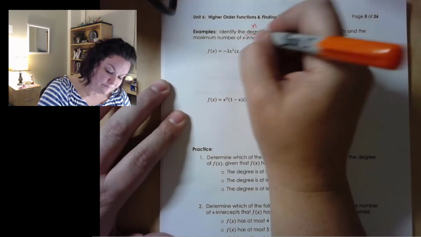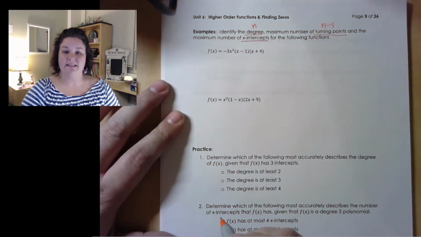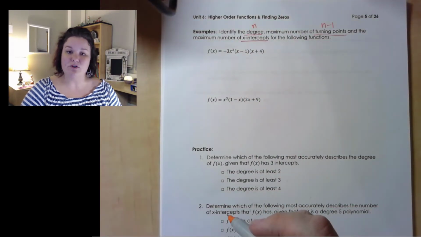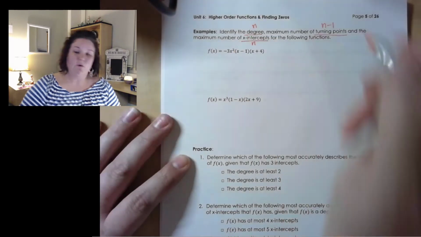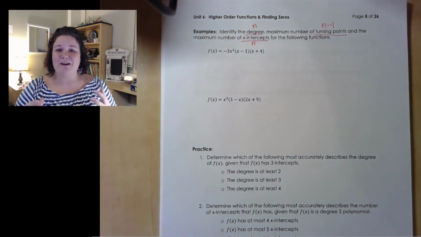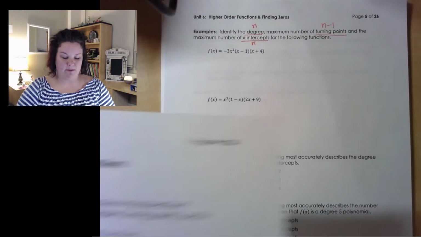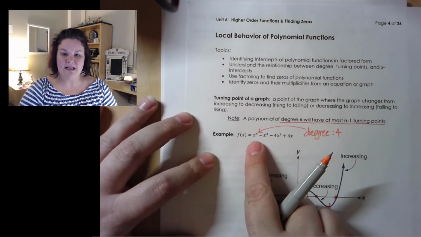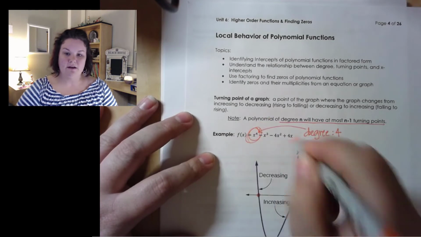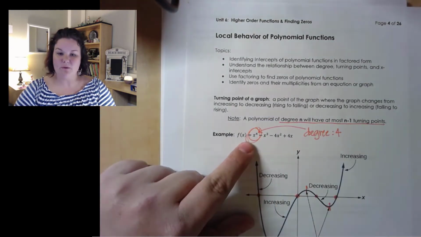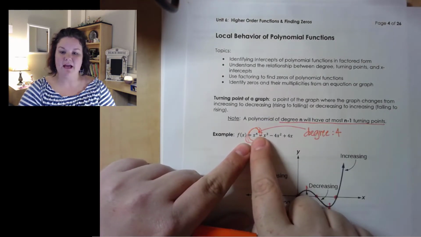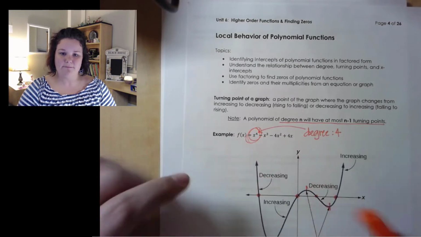And we want to find the maximum number of x-intercepts, which is equal to our degree. So all of this can be found just by figuring out what the degree of the polynomial is. And like our last example, all we need to see is this leading term, right? Because if we see what that leading term is, we can easily just look at the exponent on the x to determine our degree. So that's what we want to do on these examples.